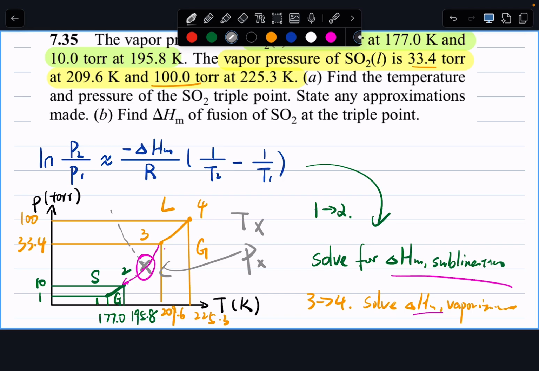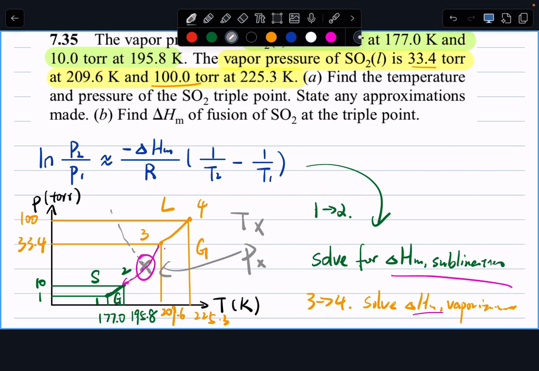Equation 2, likewise, we're trying to set it up between point X and point 3 for my liquid-gas equilibrium. So that becomes the natural log of 100 over the P triple. You can also use the 33.4. I just used 100 in my lecture notes for some reason.